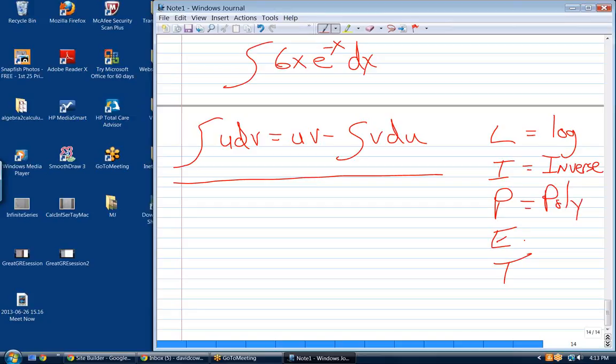If there's a log expression, let that equal u. If there's no log but there's an inverse trig, let that equal u. The last priority, if there's a polynomial, let that equal u. So this has no log, no inverse trig, has a polynomial in it. That's what I'm going to let u equal. And what do you let dv equal? Everything else.